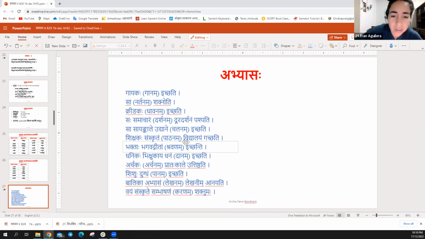Can you repeat the instruction? Okay. Gayakaha ganam ichati. I'll give you an example. Gayakaha ganam is the word which we need to convert into tuman pratyaya. So here: Gayakaha gatum ichati. Because I have changed this word into gatum.